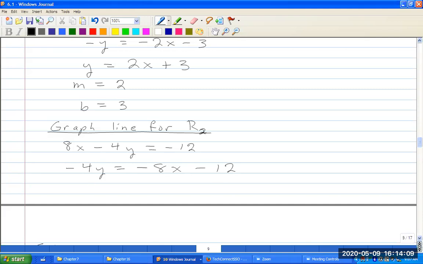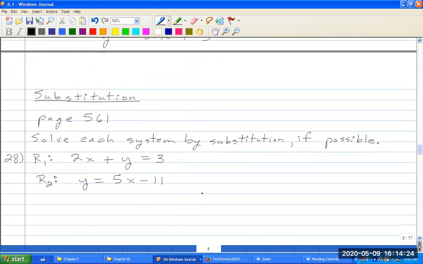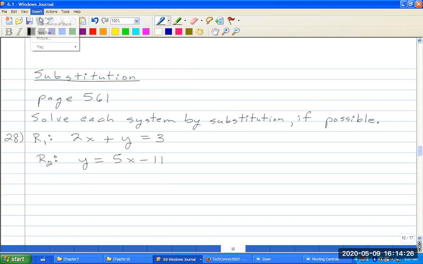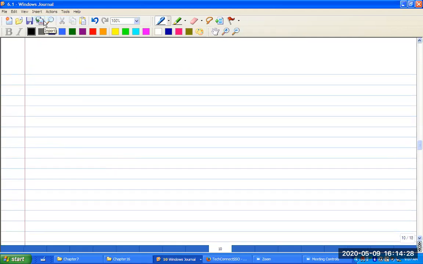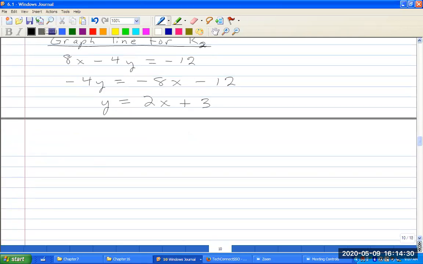And so y is equal to 2x plus 3. So the slope of this line is 2 and the y-intercept is 3.